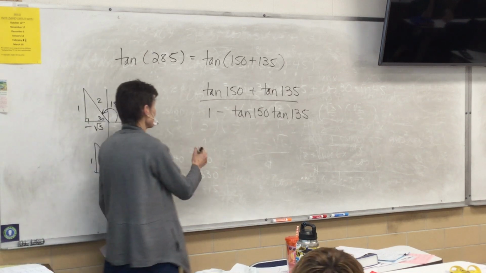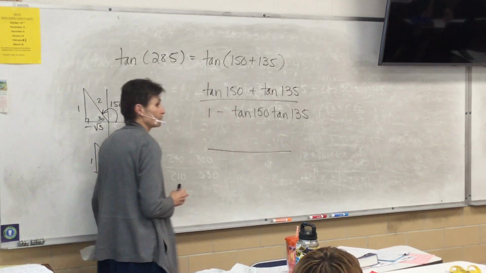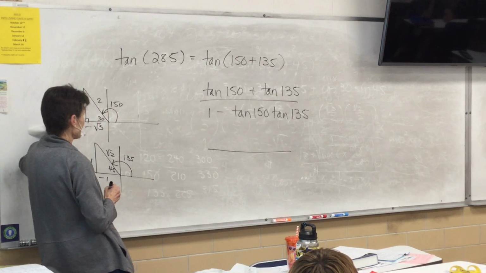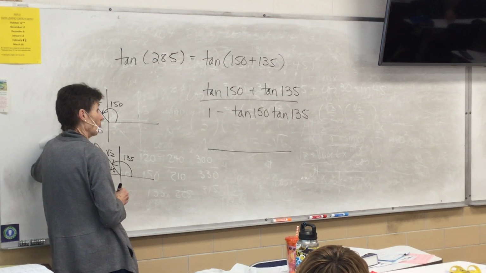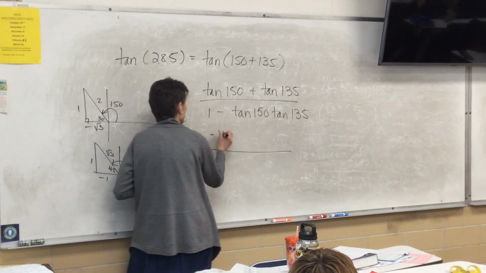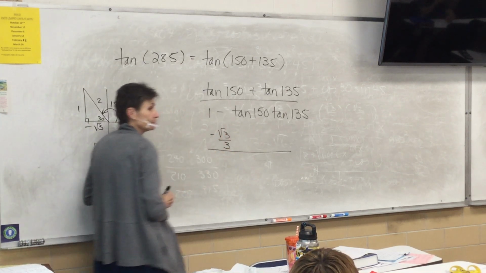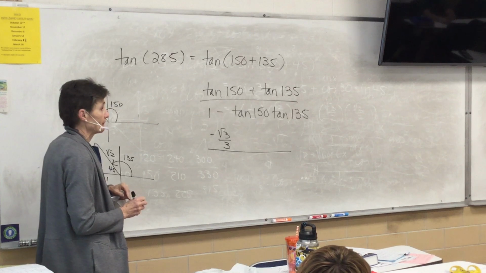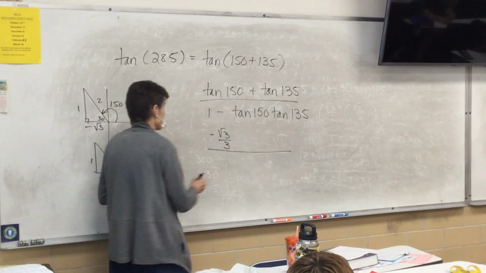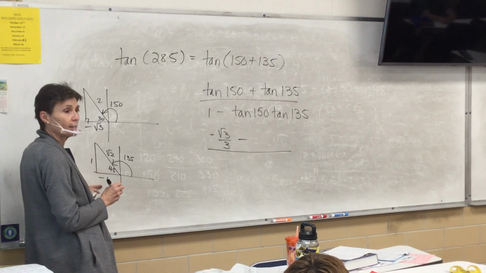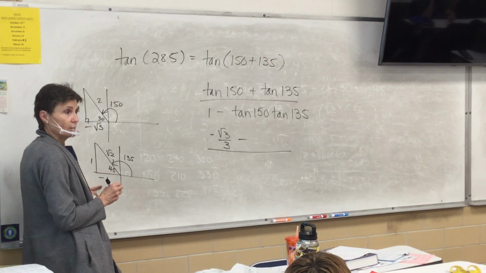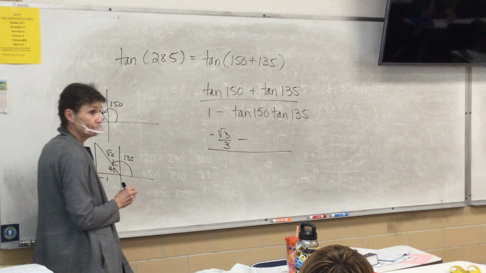All right, here we go. What's the tangent of 150? We'll plug it in. What's the tangent of 150? 1 over negative root 3. I'm going to write that as negative root 3 over 3. Plus, I'm going to put a minus because the tangent of 135 is negative 1.